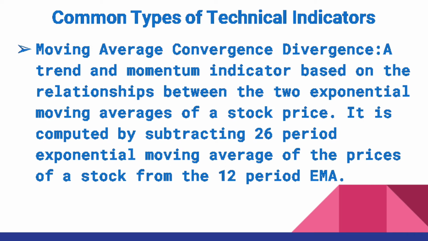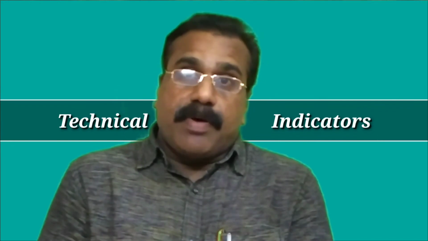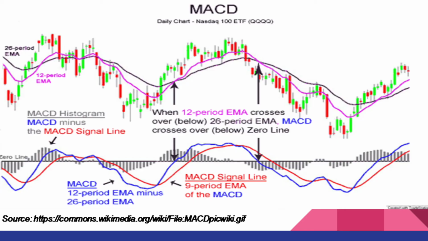When the MACD line moves up and crosses over the signal line, there is a bull trend and upward momentum in the stock price. This is called a positive crossover and an indication to buy shares. This occurs when the 12 period EMA is more than the 26 period EMA.